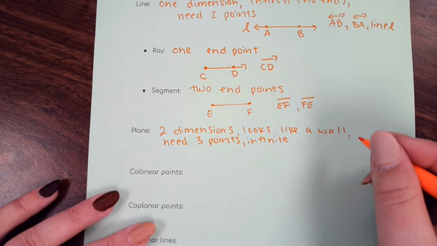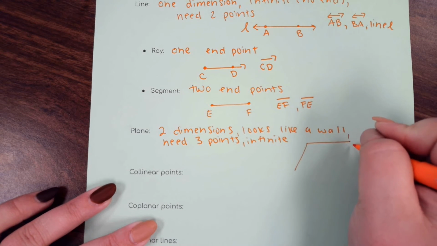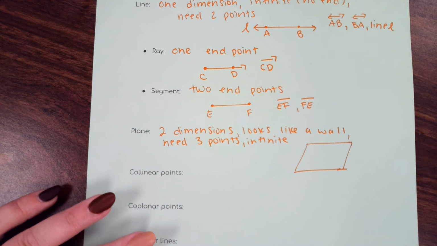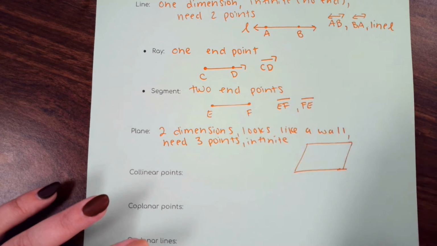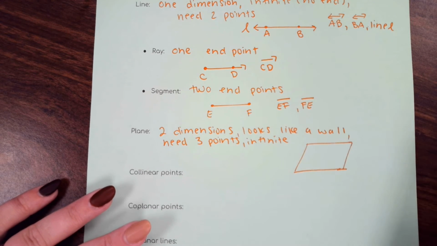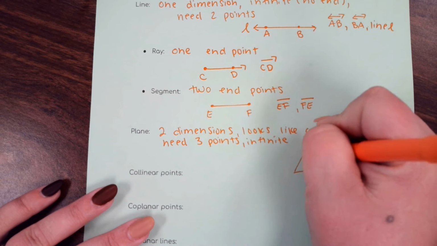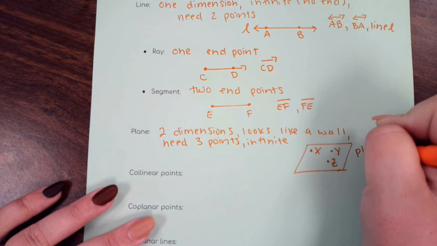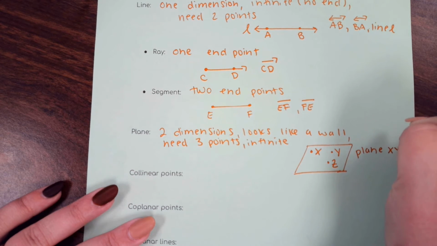So the way that we draw a plane is like this. This is a parallelogram or kind of like a slanted rectangle, right? We need 3 letters, so we could say X, Y, and Z. So this would be plane XYZ.